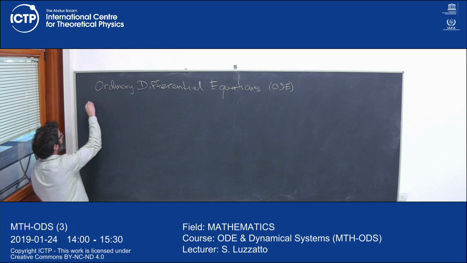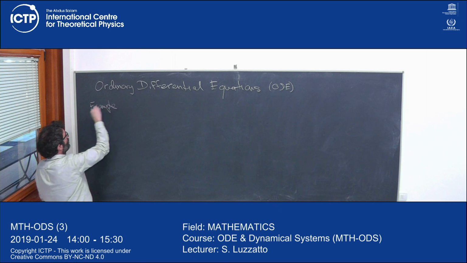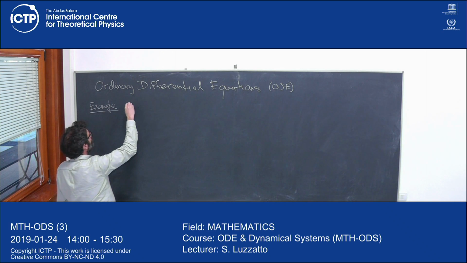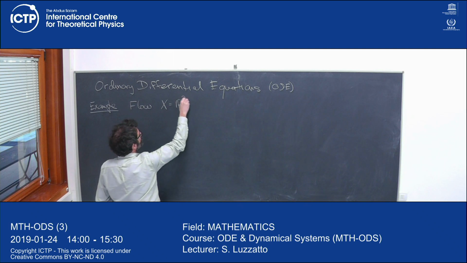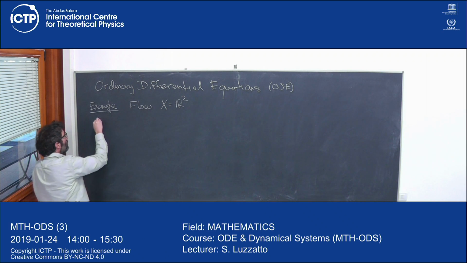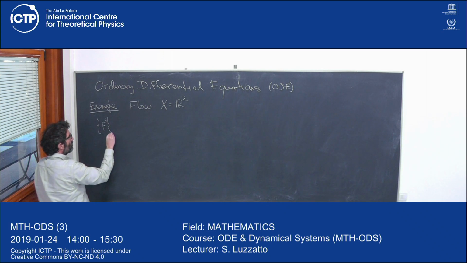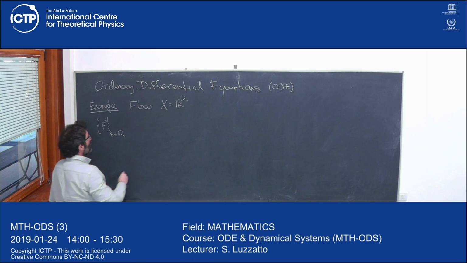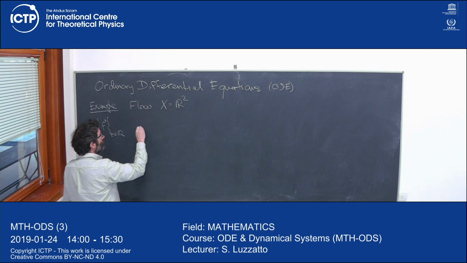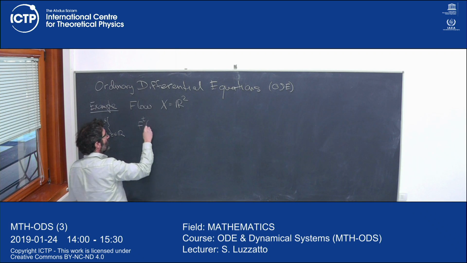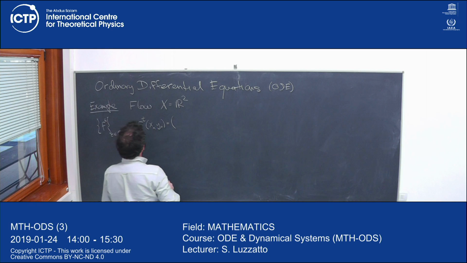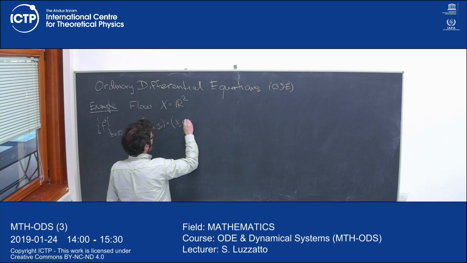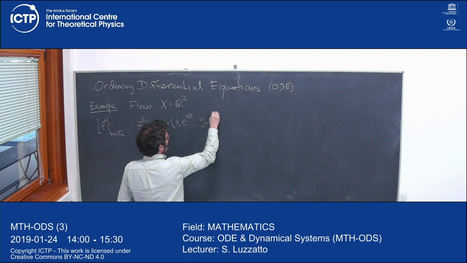And let's just start with an example of a flow where X is equal to R2, and the flow, so we have our flow f_t in R, is given by f_t of some point x0, y0, some initial condition, is equal to x0 e to the alpha t and y0 e to the beta t.